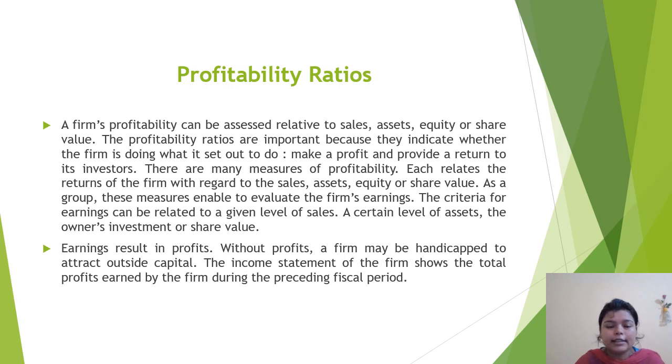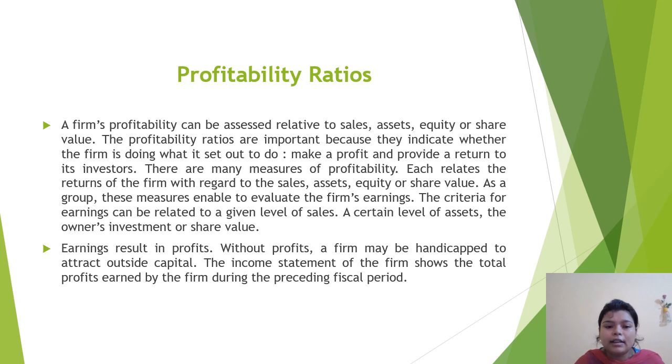So here it's written that a firm's profitability can be assessed relative to sales, assets, equity or share value. The profitability ratios are important because they indicate whether the firm is doing what it set out to do, make a profit and provide a return to its investors. There are many measures of profitability.